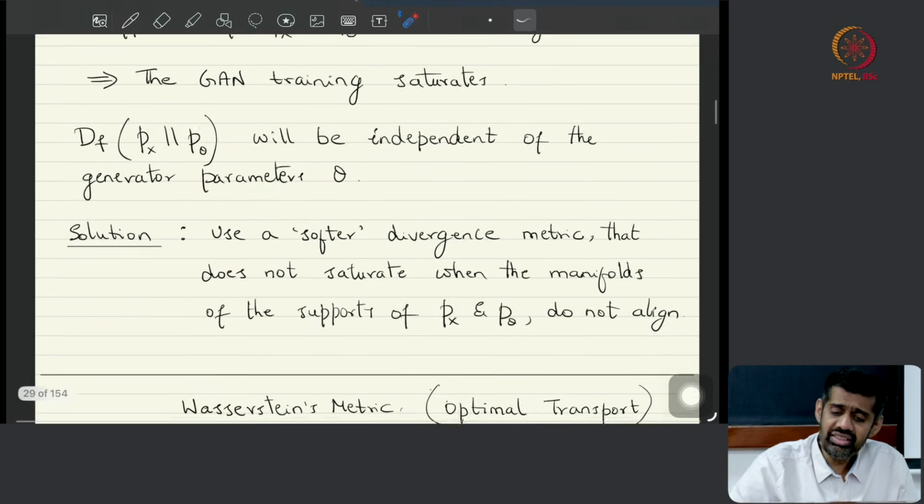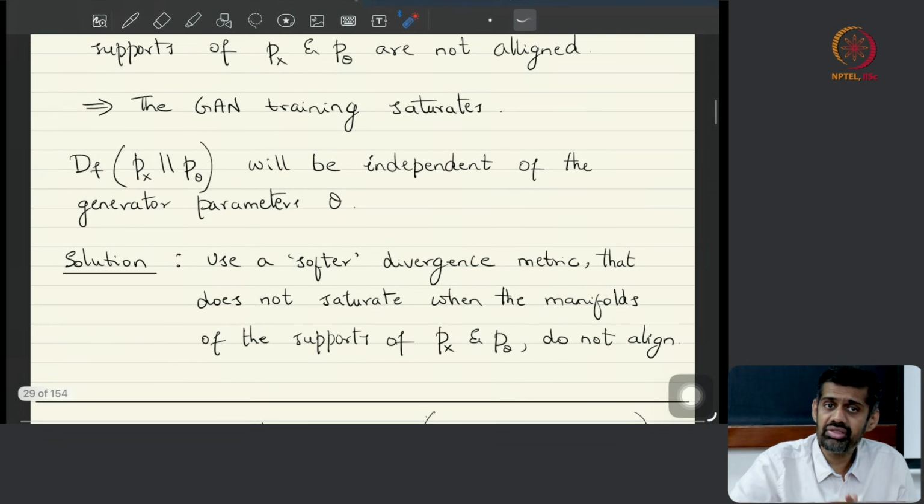Now why is it saturating? It is because of the manifold hypothesis and the fact that the supports over which the underlying distributions P theta and Px live are not perfectly aligned. If they are not perfectly aligned, you can find a perfect discriminator and therefore the training gets saturated.